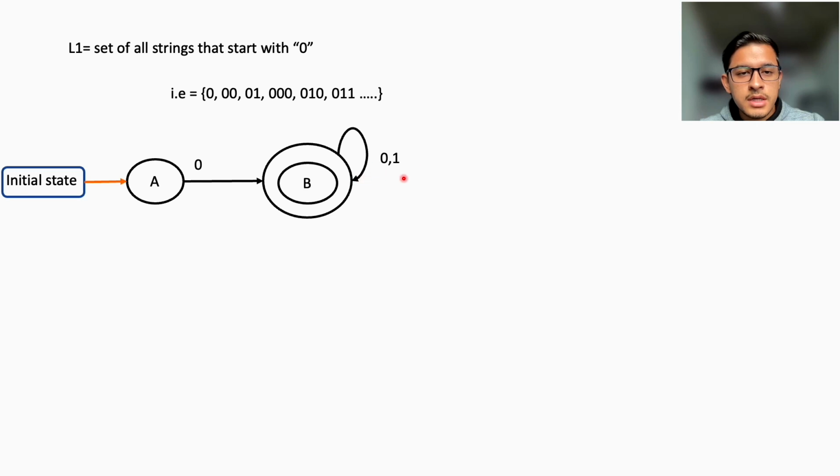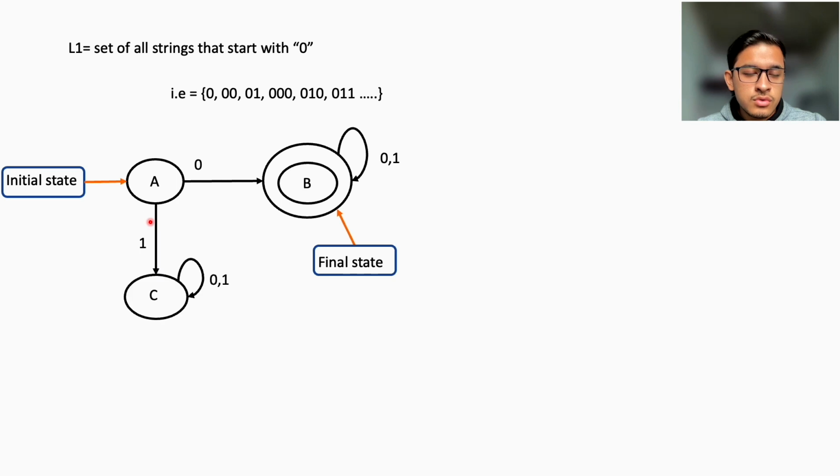So if there is any given number of inputs of 0 and 1, the output will stay at B. Similarly, if at the initial state we get an input 1, it will go to a state that we have defined as C, that is the dead state, as our condition is that the elements should start with 0. So when we get the input 1, it goes to C, and we have created a self loop here also, as when we get the input 0 and 1, it will stay in C. So this is our DFA, and C here is our dead state or a trap state.